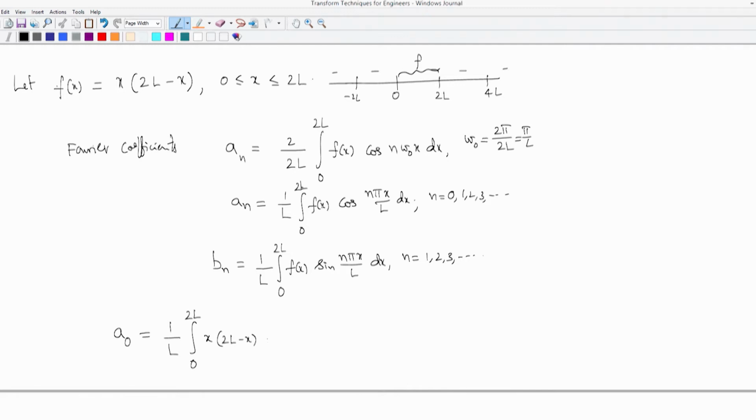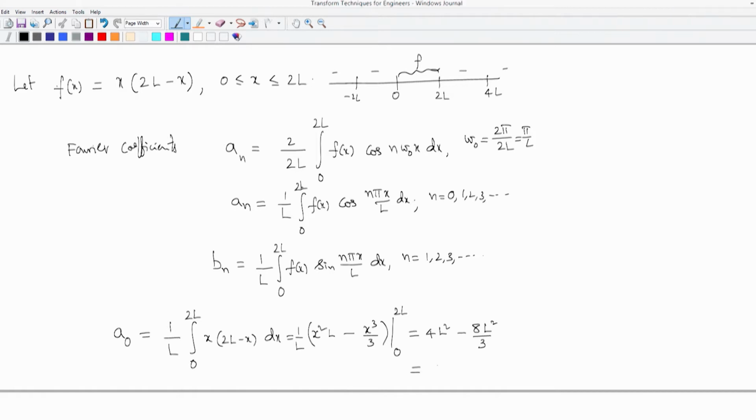For n equal to 0, the cosine value is 1. So you have dx, and this is going to be L x squared minus x cubed by 3, that is the antiderivative, times 1 by L. If you substitute these limits, you get L times x squared, so 4L squared, minus 8L cubed by 3, all multiplied by 1 by L. So you have 8L squared by 3.